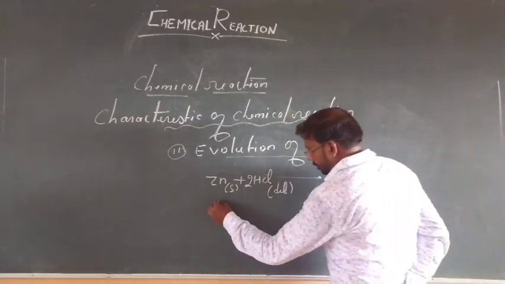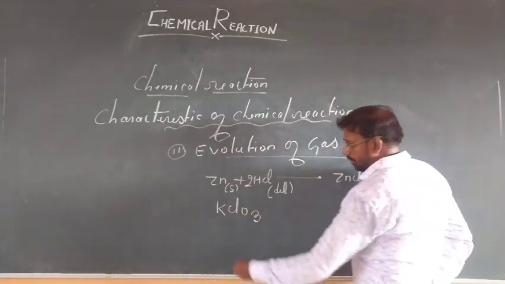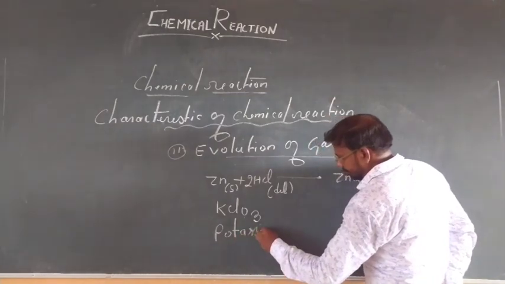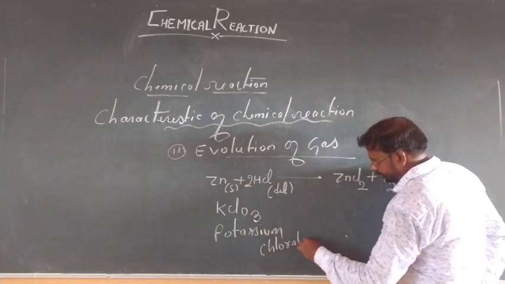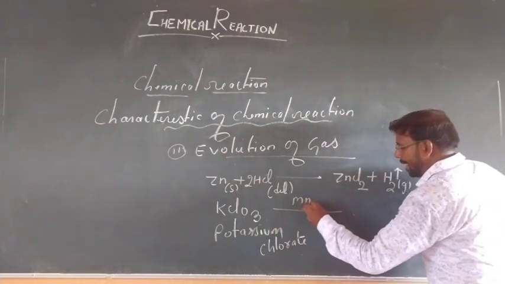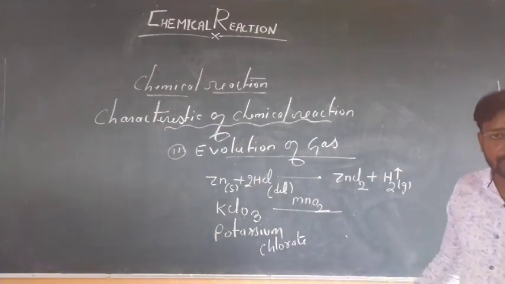Similarly, potassium chlorate, KClO3. What is the name of that? Potassium chlorate. It is heated in the presence of manganese dioxide, MnO2, which is a catalyst.